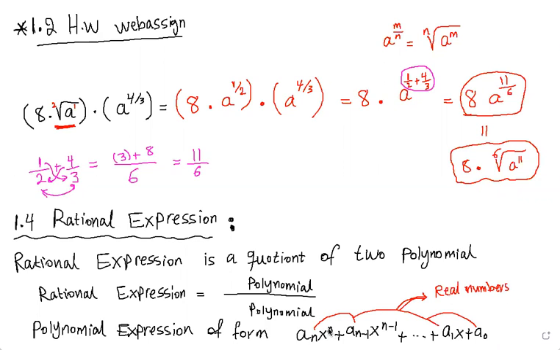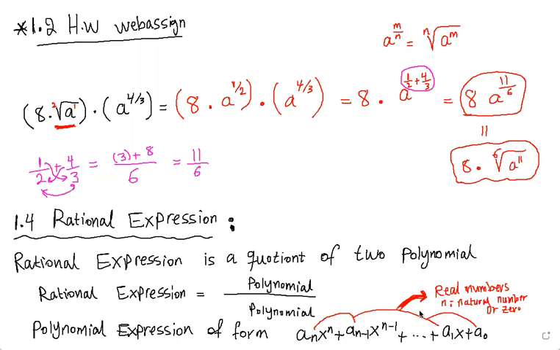And the n here is a natural number or 0. Makes sense?